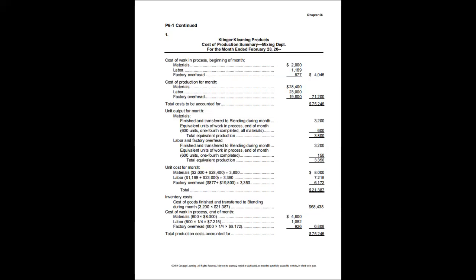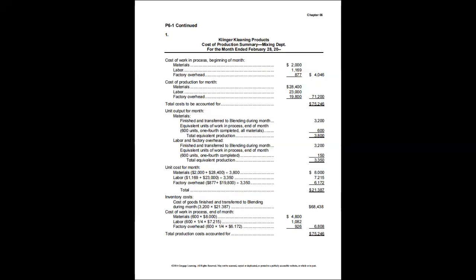So for the inventory cost, the cost of goods finished and transferred to blending is 68,438. That's now 3,200 units times 21.387. Then we have the total cost of the work in process at the end of the month, 600 units times 8.